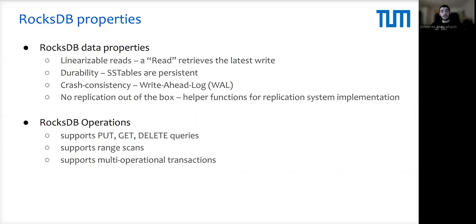However, RocksDB does not offer replication out of the box, but provides helper functions that enable a developer to implement a replication system of their choice on top of it. When it comes to the supported operations, RocksDB, of course, supports put, get, and delete operations with its API. It also has APIs that perform range scans, and also has support for multi-operational transactions.